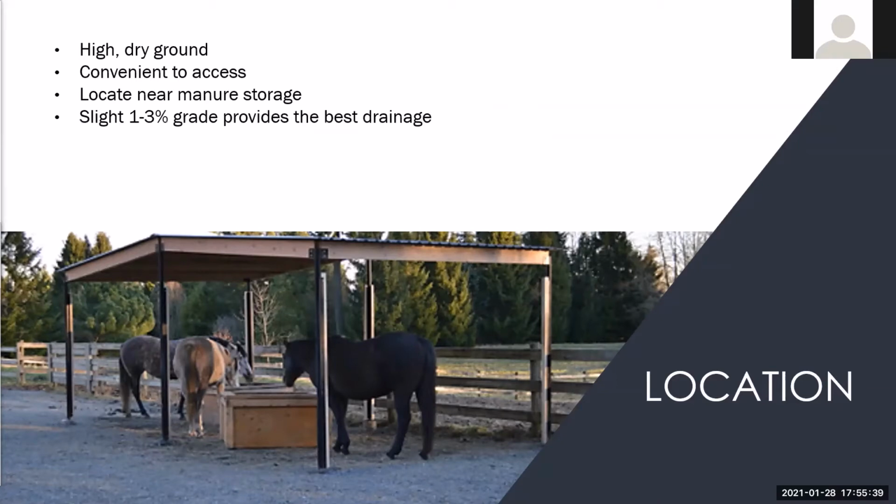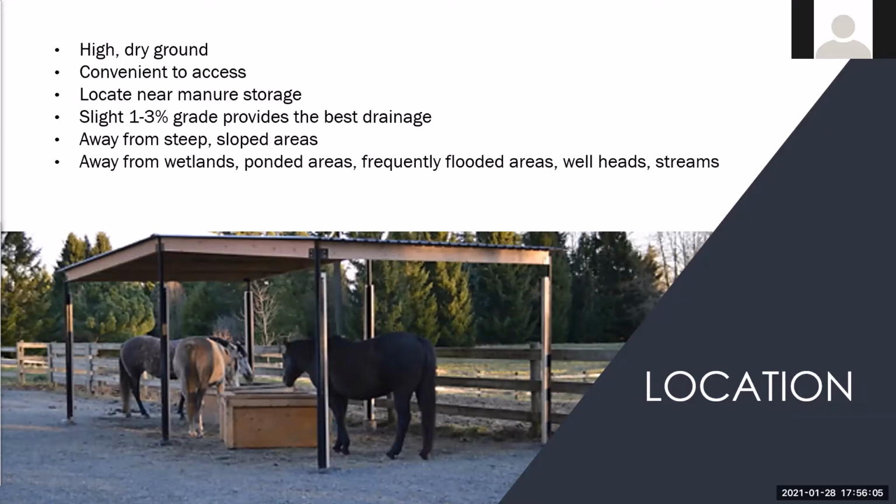And when we design these systems, we want to have a slight grade to provide really good drainage. That grade is really small, like 1 to 3%. At the same time, we want to stay away from steep sloped areas so that we can keep that footing in place. We don't want as much erosion happening.